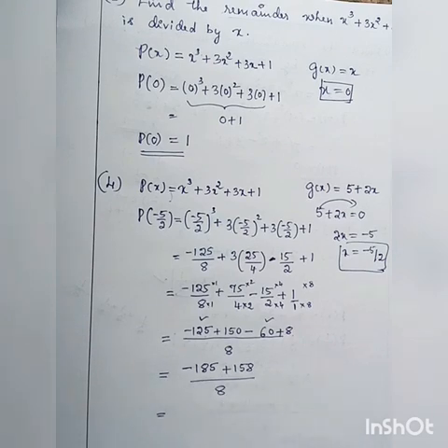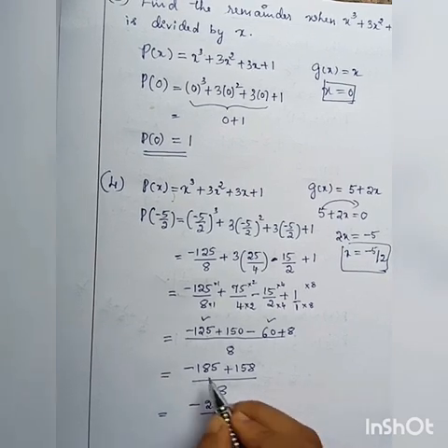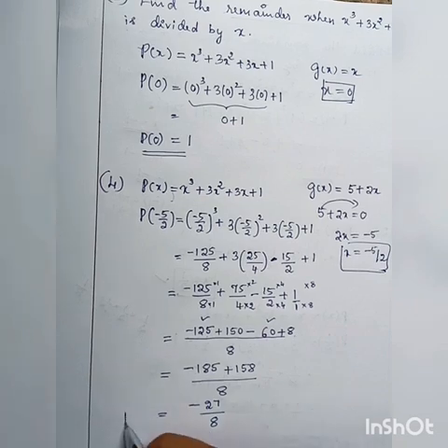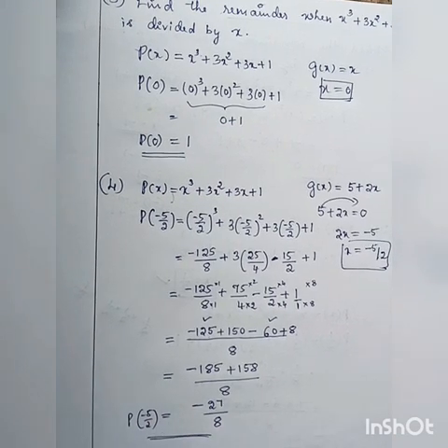Again plus and minus signs have arrived. So we have to subtract the numbers and take the sign of the bigger number. So minus 185 plus 158 is minus 27 divided by 8. The bigger number is minus, so its value is minus. So for P of minus 5 by 2, the remainder is minus 27 by 8.